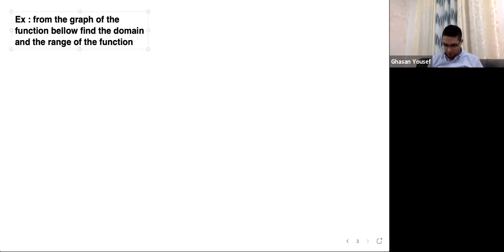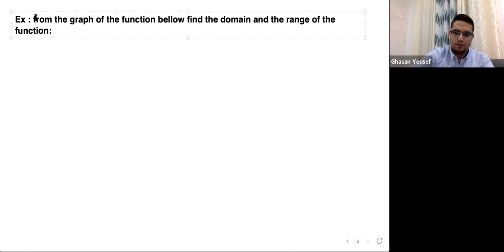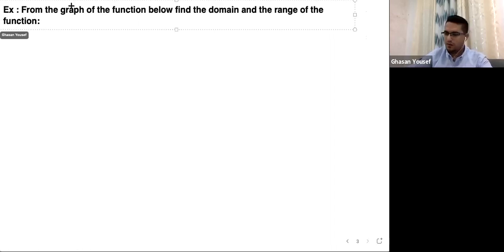So I'm going to graph the function. So here is the graph of the function.